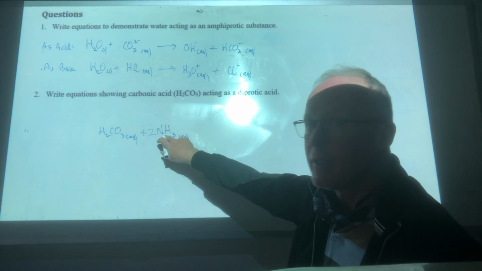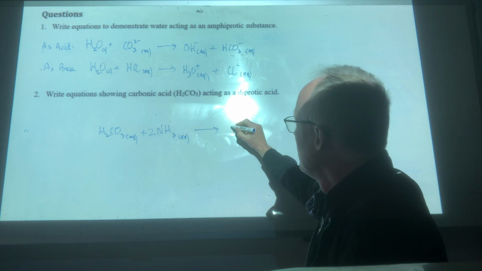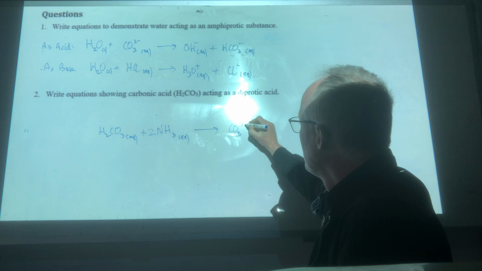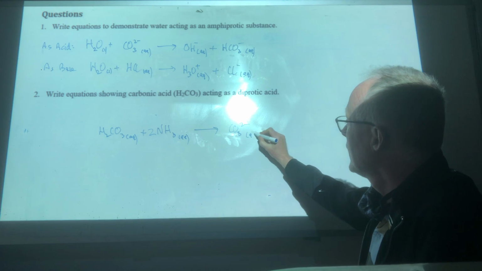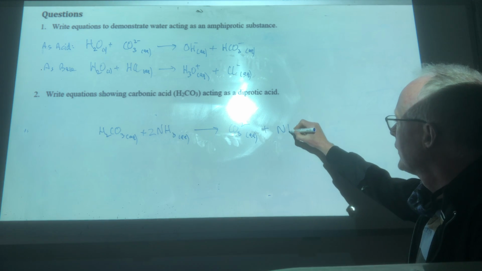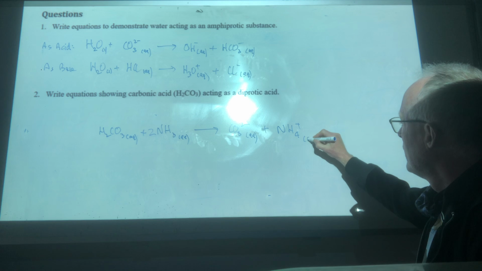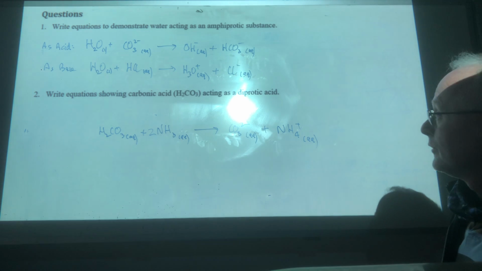So how about ammonia as a good base? So carbonic acid loses its 2 protons, turns into the carbonate ion, and each of the 2 ammonia molecules gains a proton to end up as ammonium. Diprotic because it's lost 2 protons.